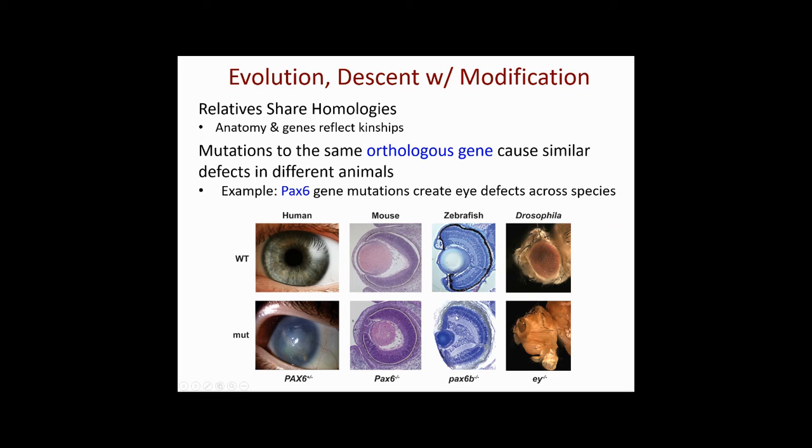So across species that at the species level are completely unrelated, as animals they descend from a common ancestor that passed on this PAX6 orthologous gene. And so you continue to see mutations to this gene across species can have the same physical or phenotypic effects.